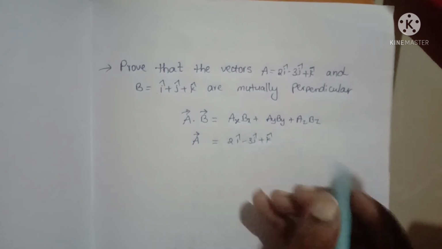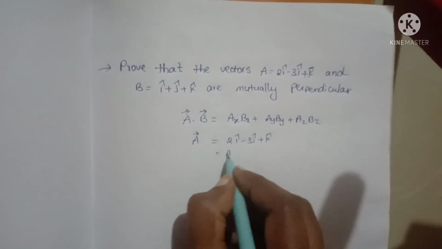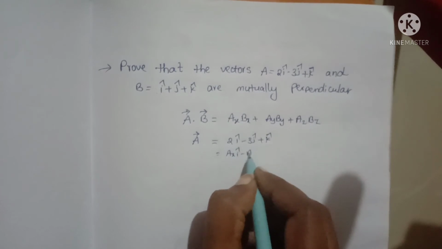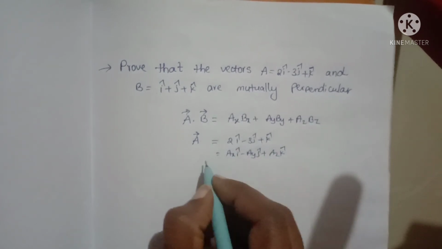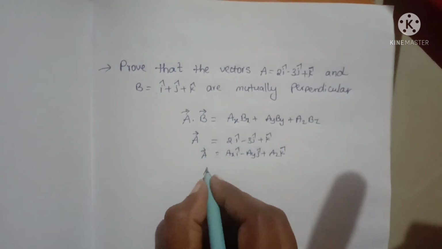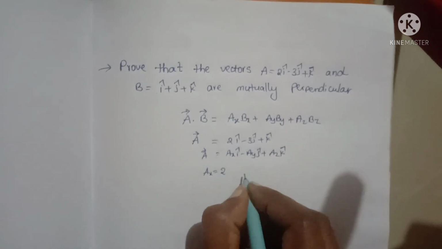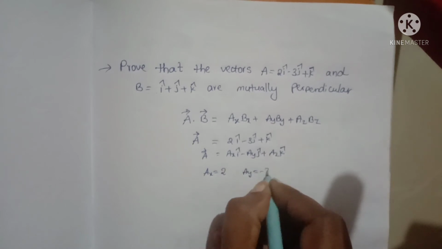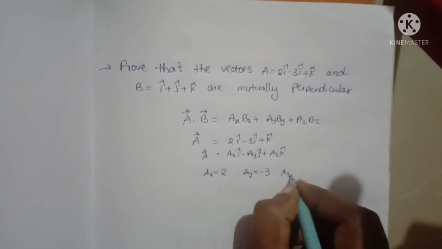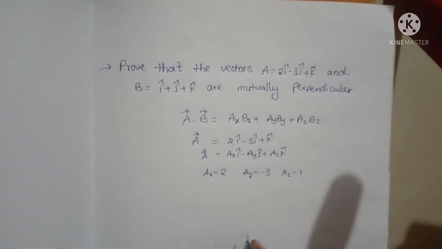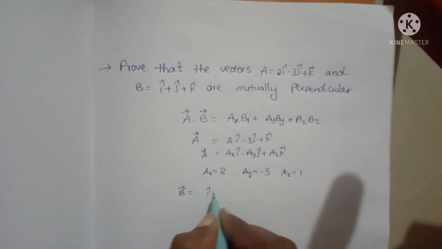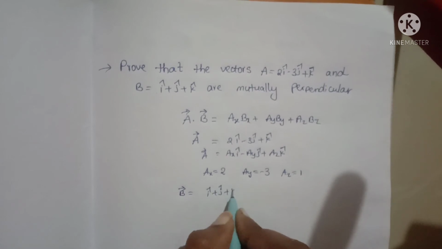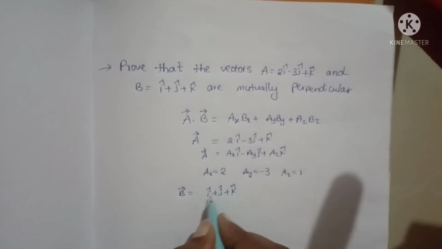In this vector, 2 i cap minus 3 j cap plus k cap, this is the AX component, AY component, AZ component. AX is 2, AY is minus 3, AZ is 1. Same for the B vector i cap plus j cap plus k cap: every component is 1, BX 1, BY 1, BZ 1.